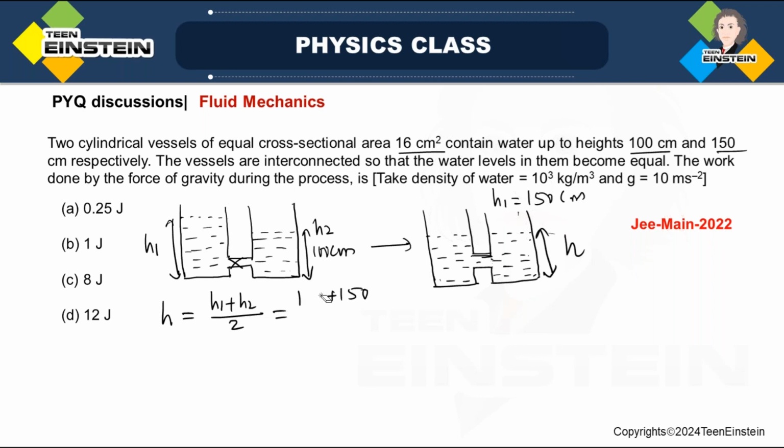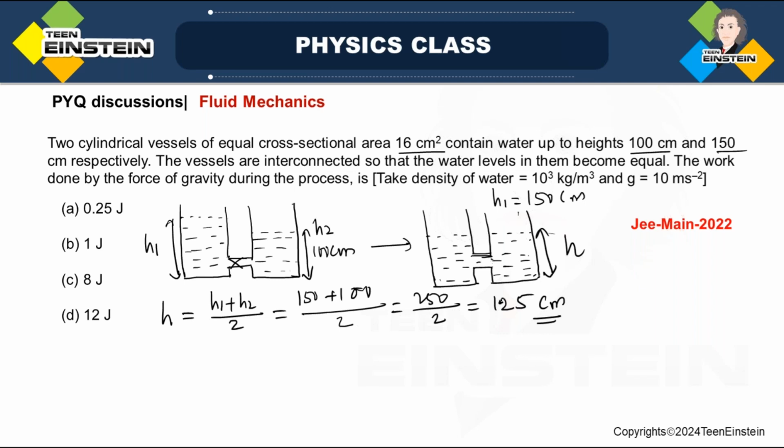Let me write in order: 150 plus 100 divided by 2. That means 250 by 2. This will be 125 actually. This is in centimeter.